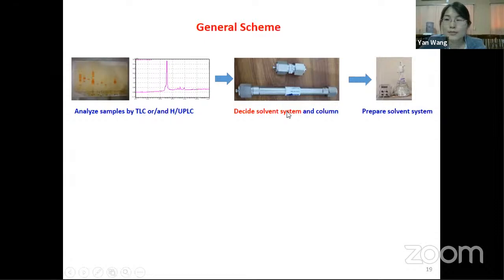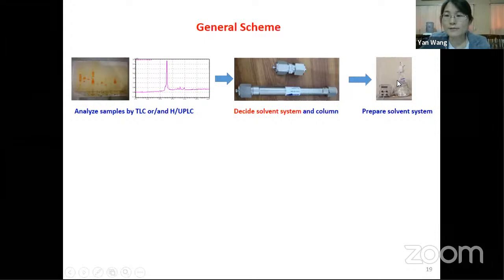All these are most important. Which system is the best system to purify the compound, right? Then you are very confident everything is ready. You are going to really use preparative HPLC. Before that, you will have the HPLC grade solvent. Then you will prepare your solvent system.